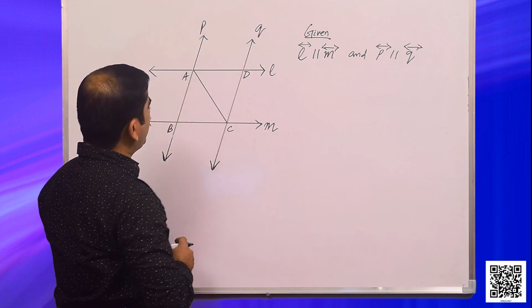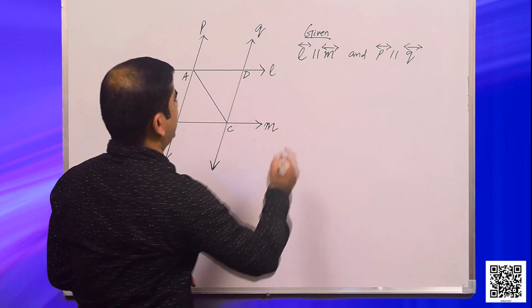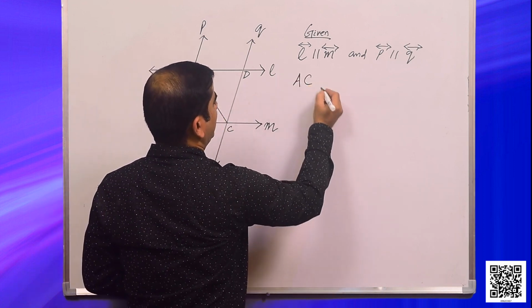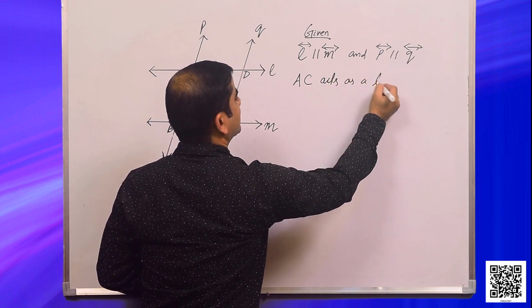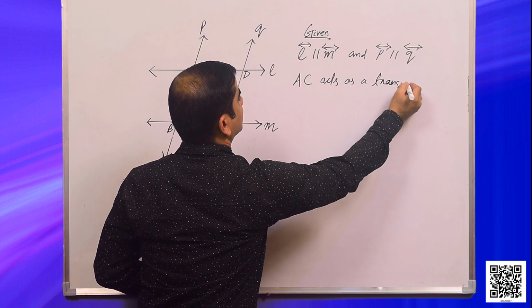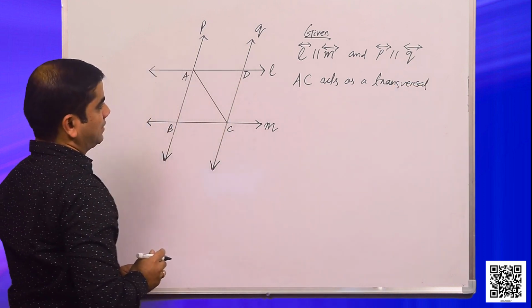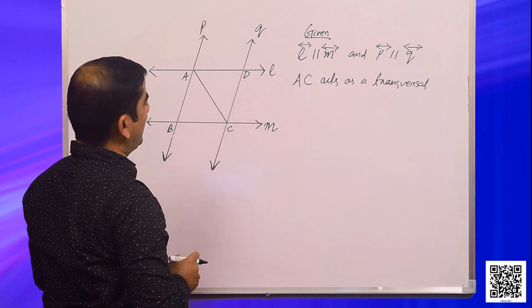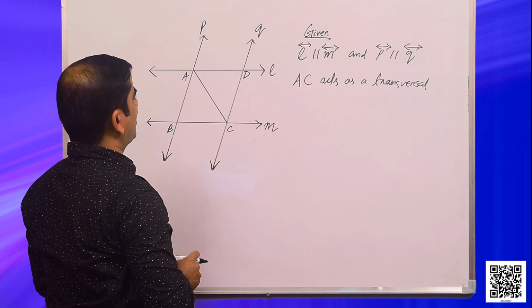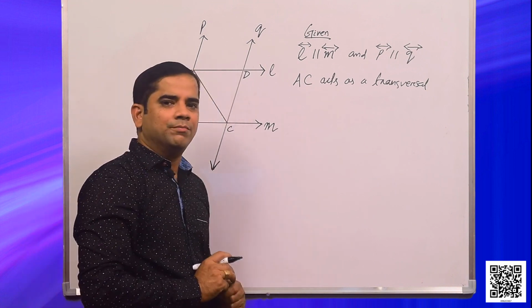When I join AC, I can say that AC acts as a transversal for which pair of lines? For lines L and M, as well as for lines P and Q which are parallel to each other.